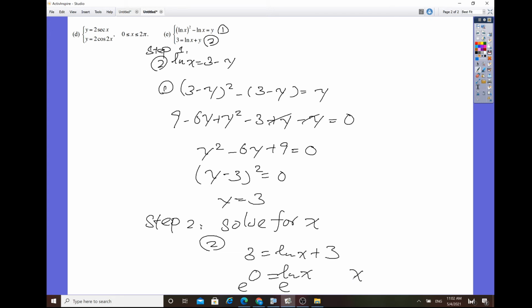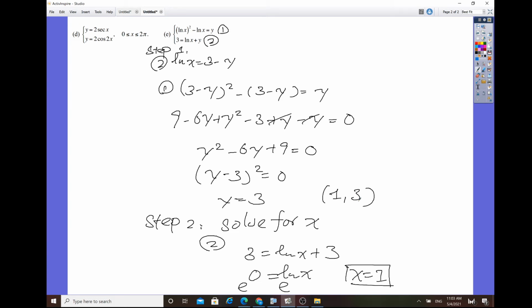So that means x equals 1, because natural log of 1 is 0. Okay, so 1 comma 3. So you see that x equals 1.